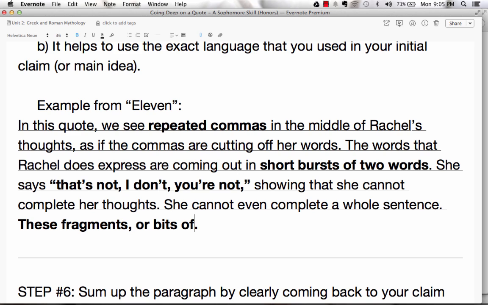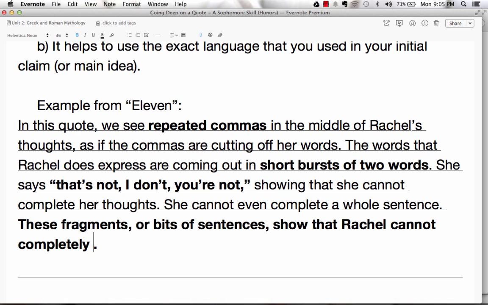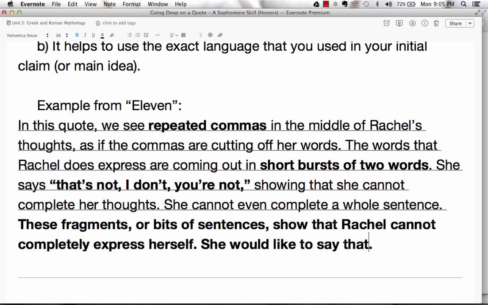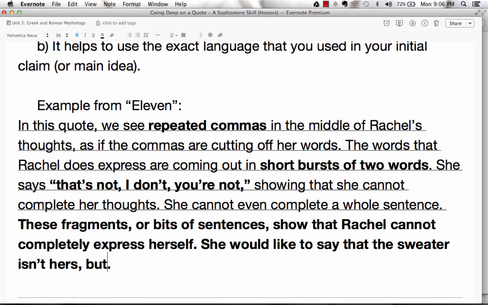Or bits of sentences show that Rachel cannot completely express herself. She would like to say that the sweater isn't hers, but she doesn't have the confidence.